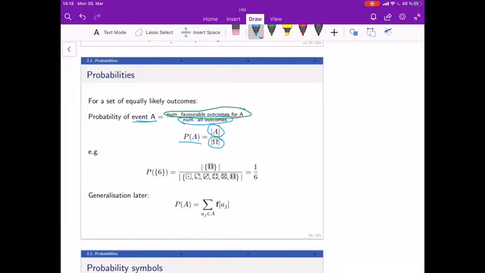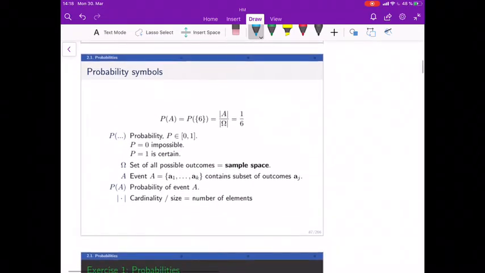Later on, we're going to see that we can generalize that and get rid of the condition that all outcomes have to be equally likely. We can turn it into a sum over the probability of each outcome, but more about that later.